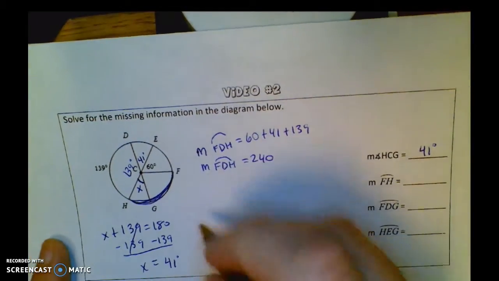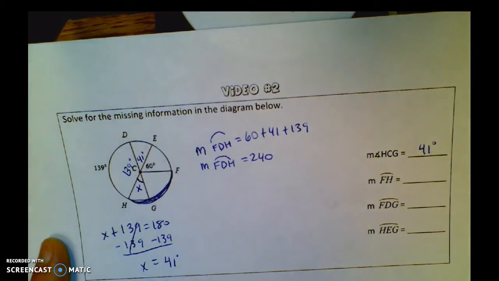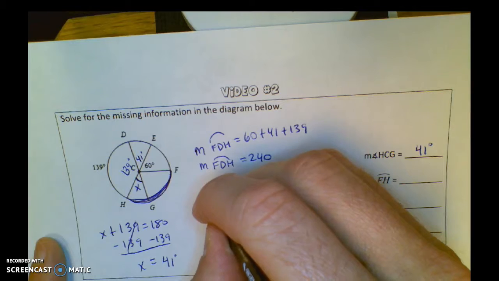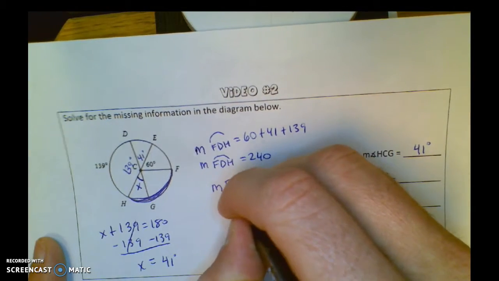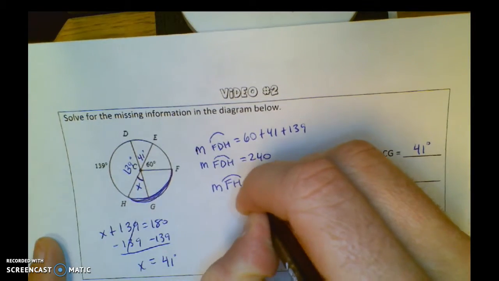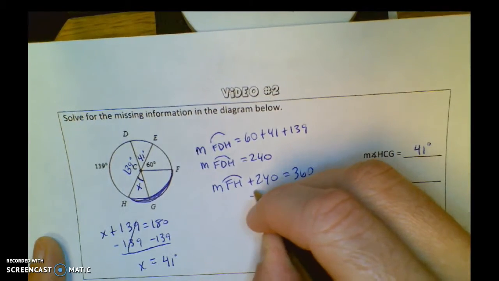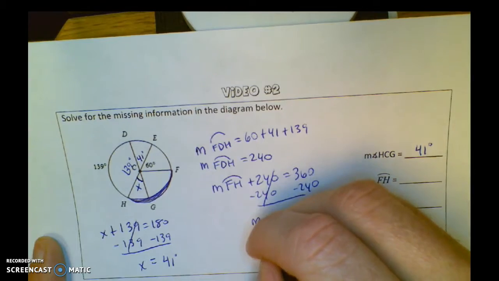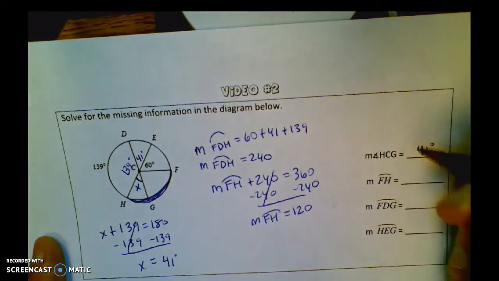So to find FH, I'm going to do 360 minus 240, because remember the whole thing adds up together to equal 360. So measurement of FH plus 240 equals 360. So subtracting 240, we get the measurement of FH is 120.